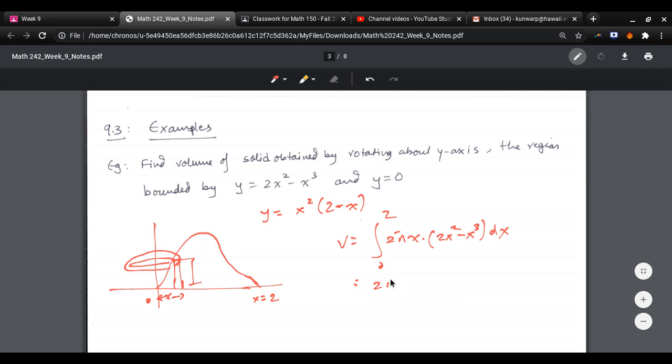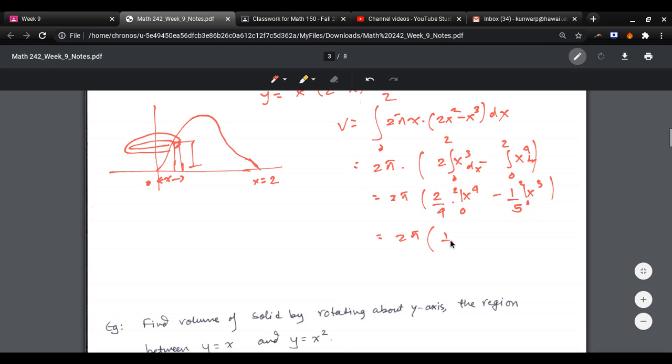That is 2 pi, then you have 2x cubed minus x to the 4 dx. That's 2 pi times 2 over 4 x to the 4 from 0 to 2, minus 1 over 5 x to the 5 from 0 to 2.